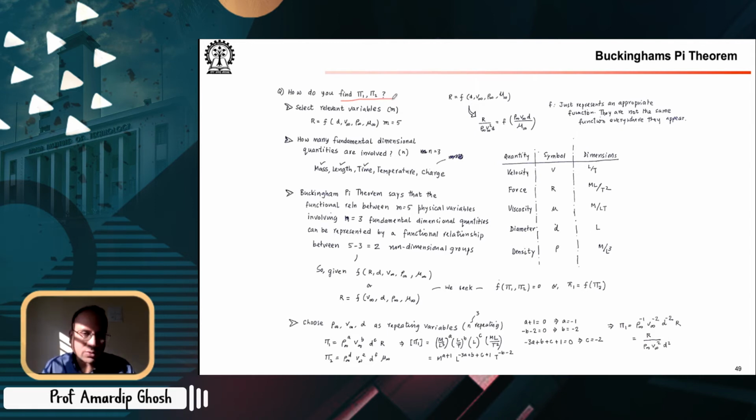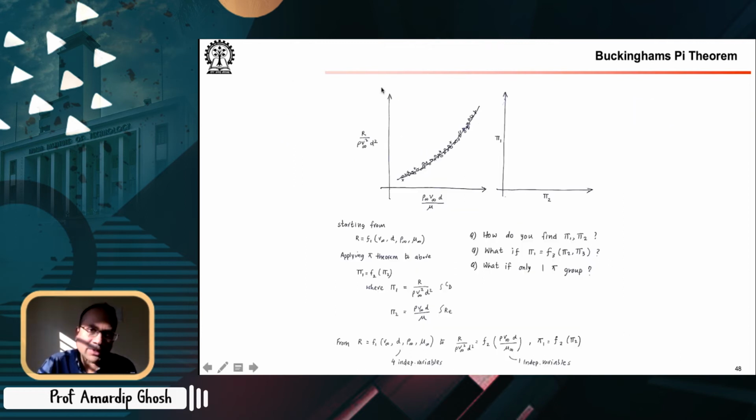It's based on matrix algebra, the rank and order of matrices, and that gives you the number of non-dimensional groups that will come out of a given problem. So here I'm saying, instead of plotting drag force versus diameter, let us plot pi1 versus pi2. The question is, how do you find pi1, pi2?